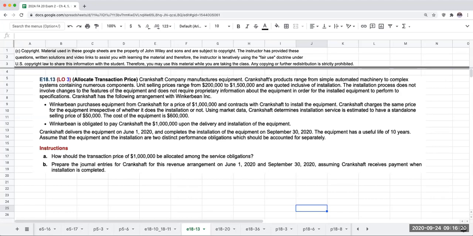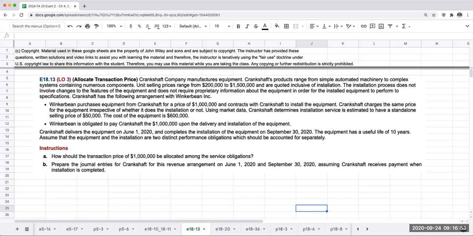This is extremely important information, because as I was talking about in the other example from exercises 18-10 and 18-11, if Crankshaft is the only one who can actually perform the installation, then as an auditor, I would want to make absolutely sure that this is true.